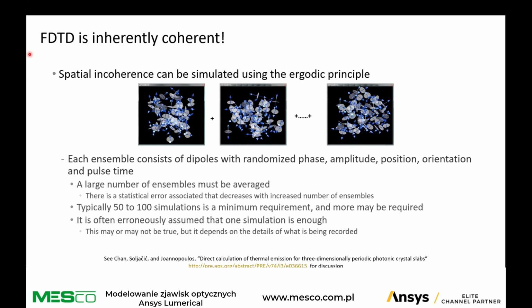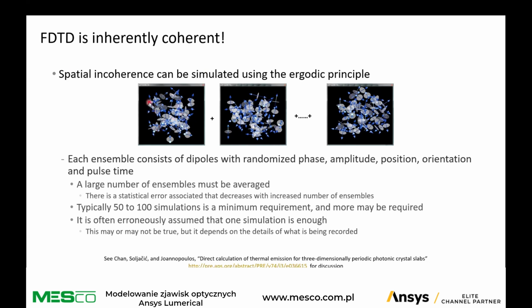A first way we could use to do that would be to use the ergodic principle. Here the idea is that we generate a dipole cloud. Each source here, represented by this little circle and arrow, will have a random orientation and a random phase.